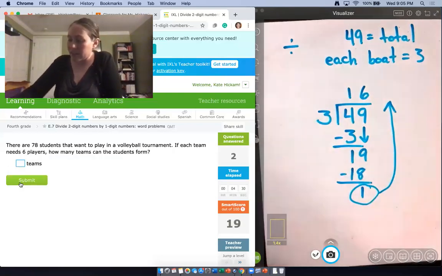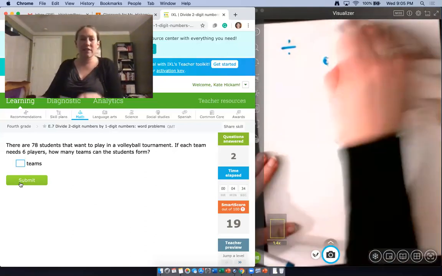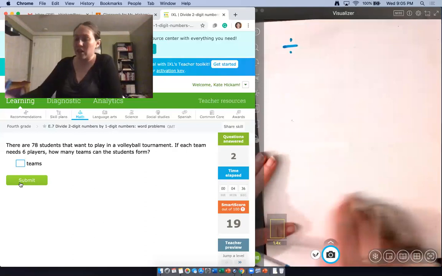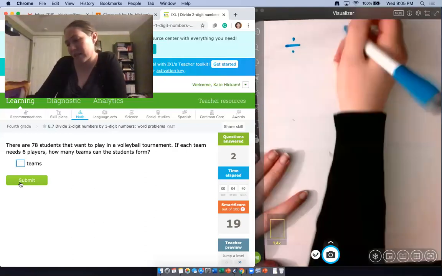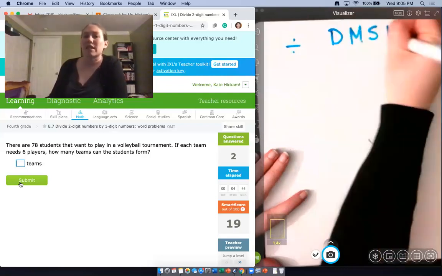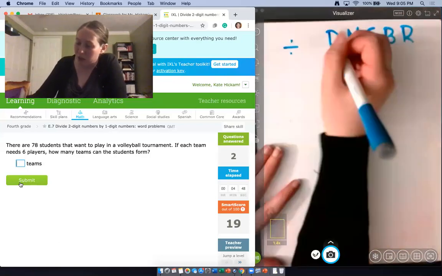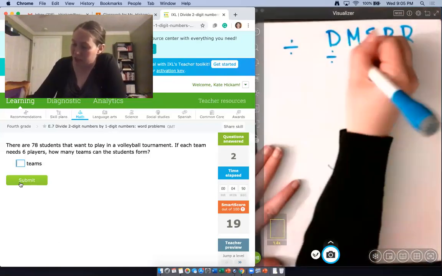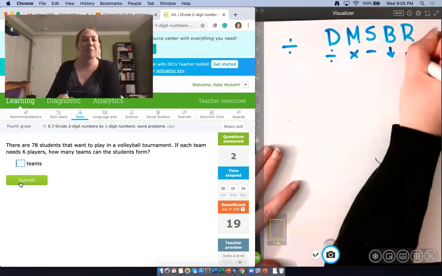And if I got stuck before, since we know it's division, I'm going to put up dad, mom, sister, brother, Rover. And those are all of our steps for division, remember, because we divide, we multiply, we subtract, we bring down, and then we repeat or bring up our remainder.